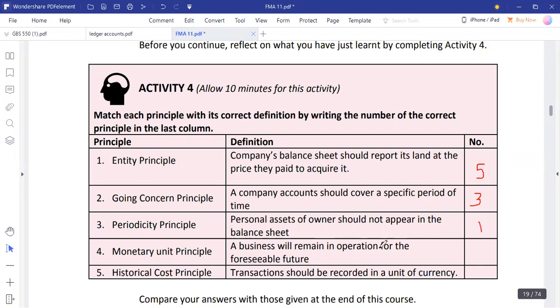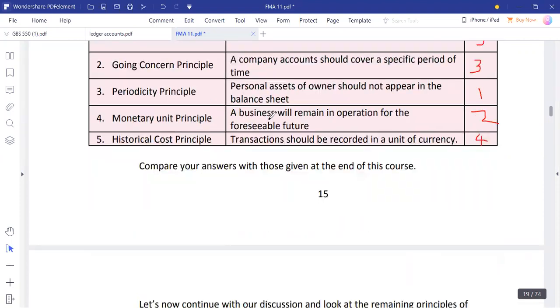Then the business should remain in operation for a foreseeable future. Going concern. Going concern, which is number 2. And finally, transactions should be recorded in unit of currency. Monetary unit. Monetary unit, of course.